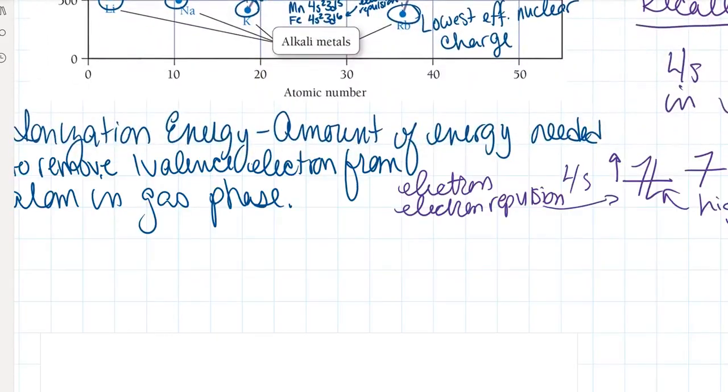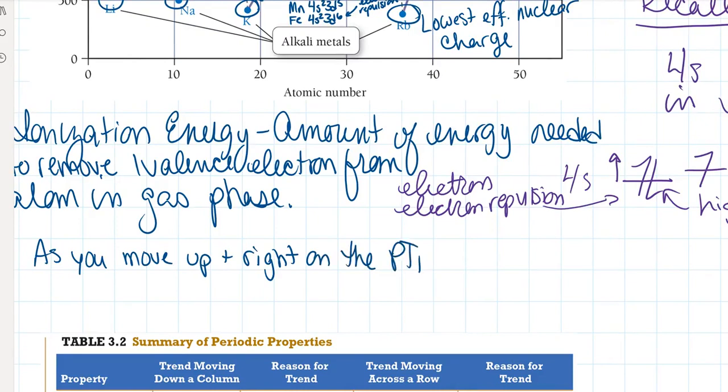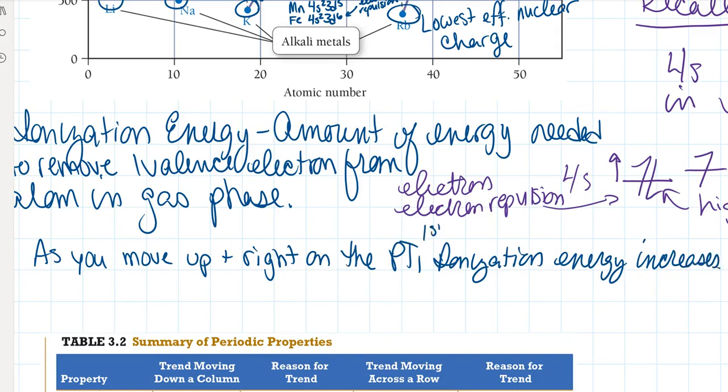So again, our general trend, as you move up and right on the periodic table, we'll see ionization energy increases. And in this case, we're talking about the first ionization energy. And as you start to think about the second, third, fourth ionization energies, just adjust those to account for what the new electron configuration looks like.